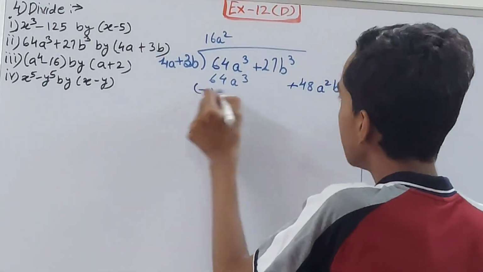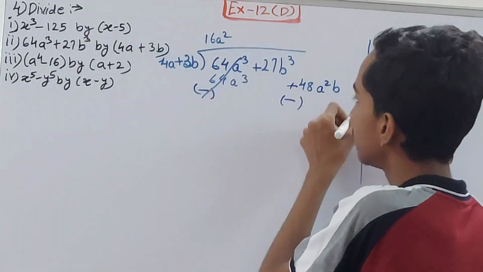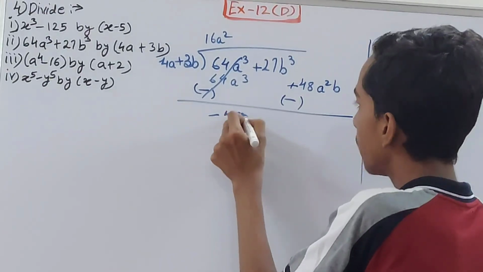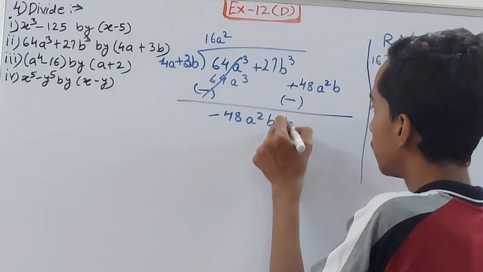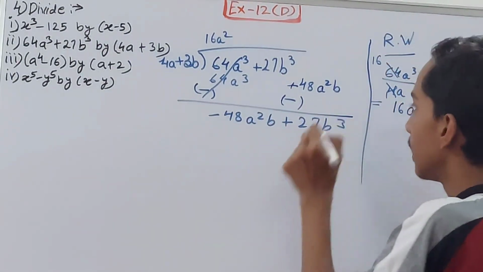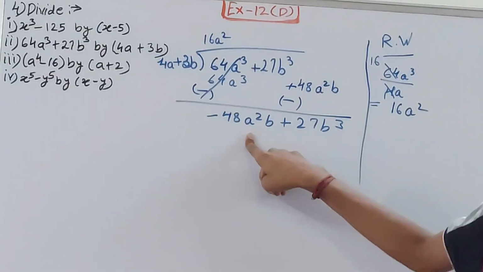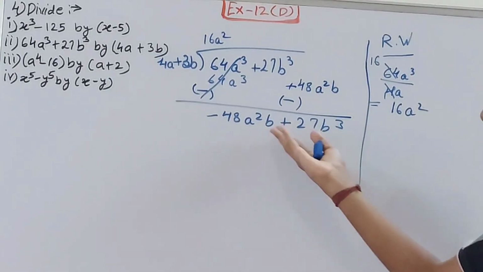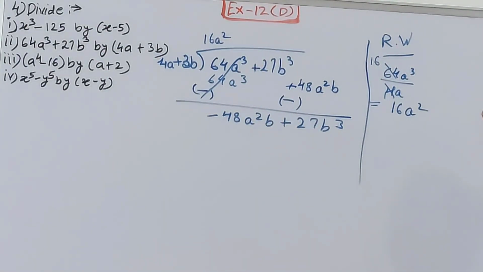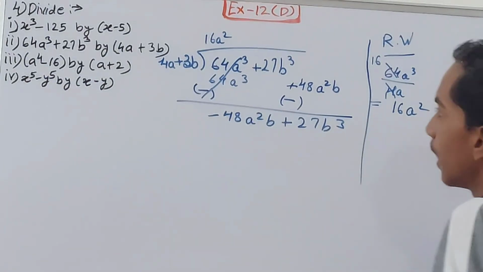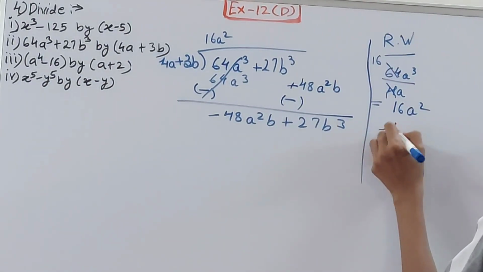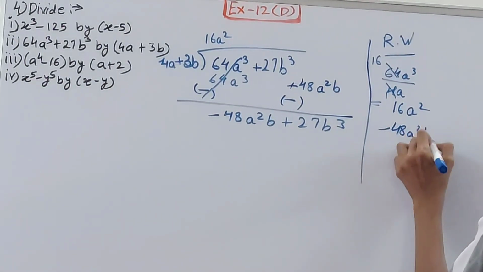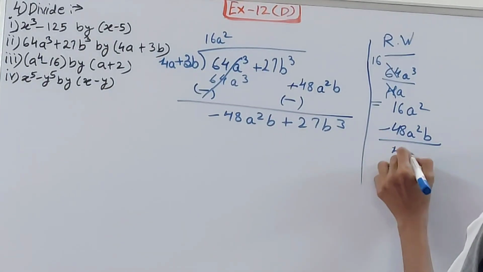Now change the sign, minus here also and minus here also, this will cancel out. Minus 48A square B plus 27B cube. Can you see again? First you have A square, then B cube. So the order is fine here also, right? Now see, you have minus 48A square B divided by 4A.